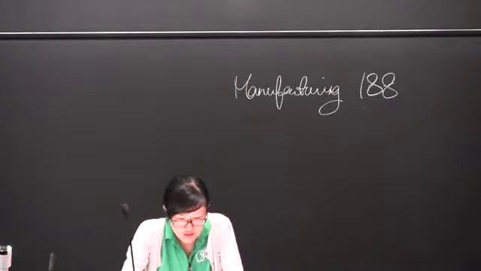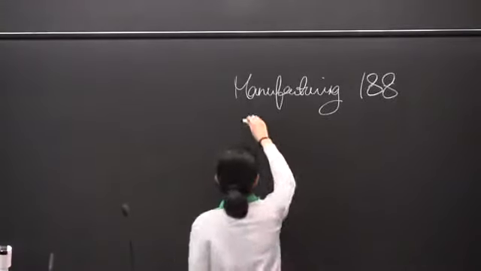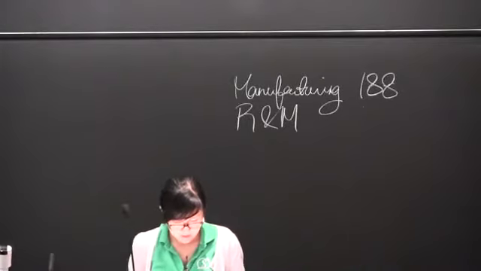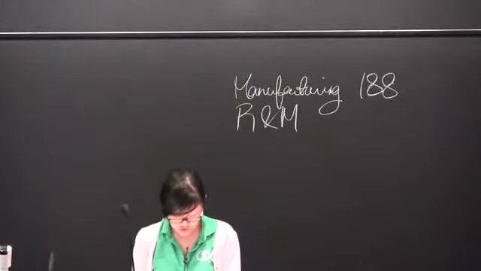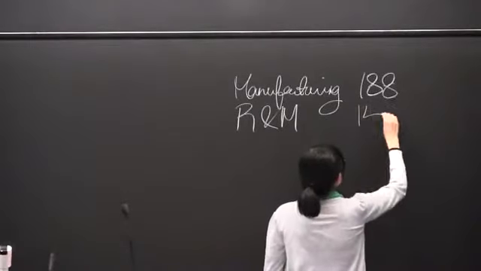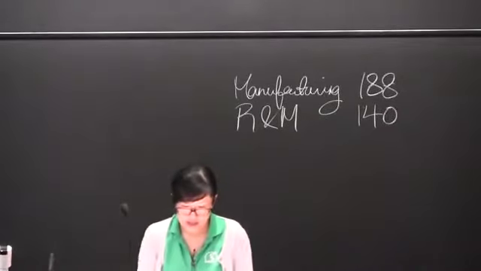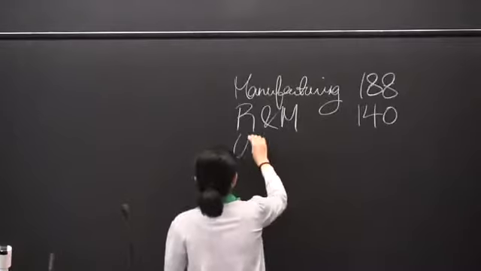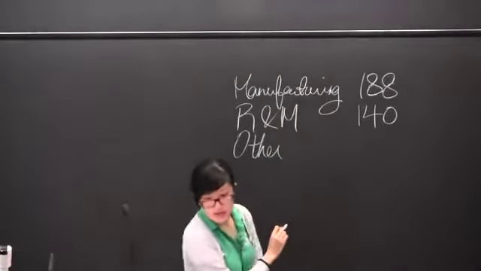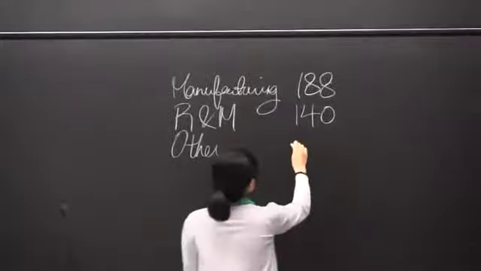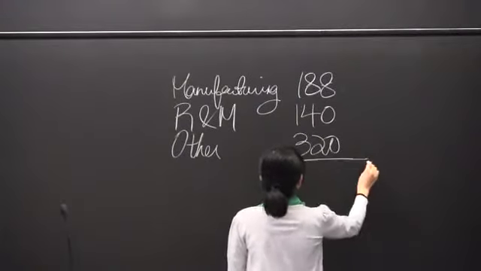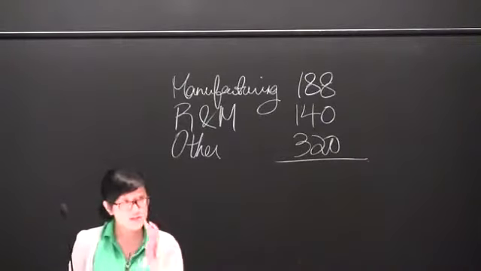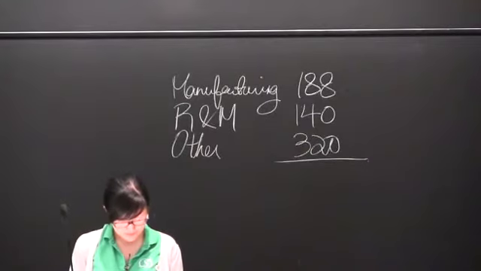The research and marketing cost is 140 per unit, and they also gave you the other non-manufacturing cost per unit, which is 320. That will be your total manufacturing and non-manufacturing cost. Should come out to 648 if you add it up.